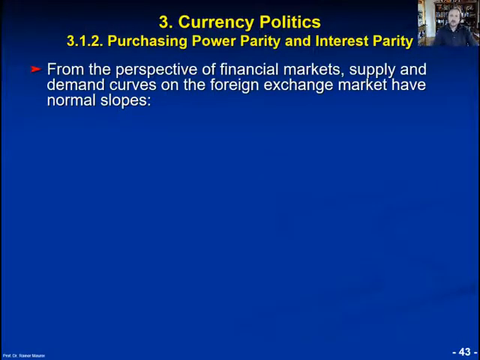To close this lesson, let's transfer our considerations on a market diagram of the foreign exchange market. What does the interest parity equation imply for the slope of the euro demand and the euro supply curve of the foreign exchange market?